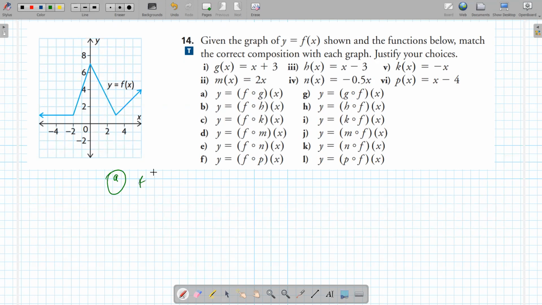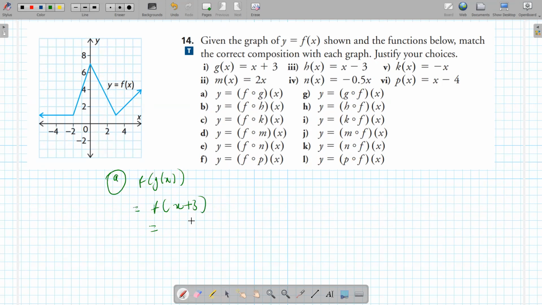Part A says f of x plus 3. So this is your f of x. We are trying to do f of x plus 3.